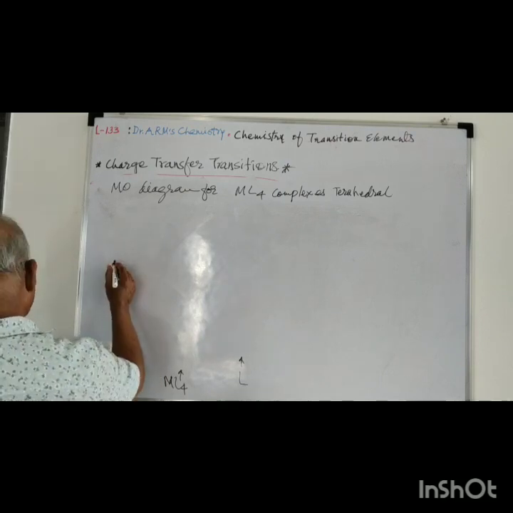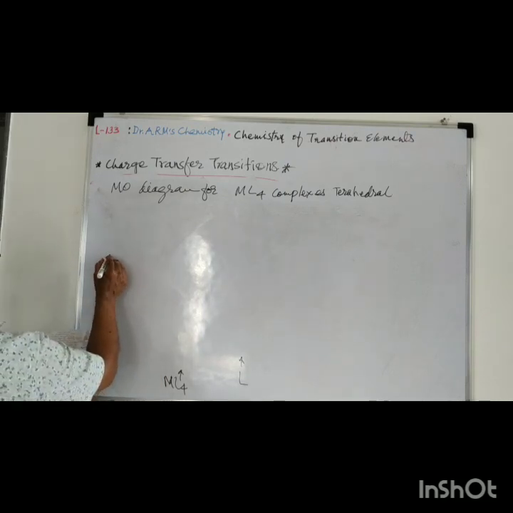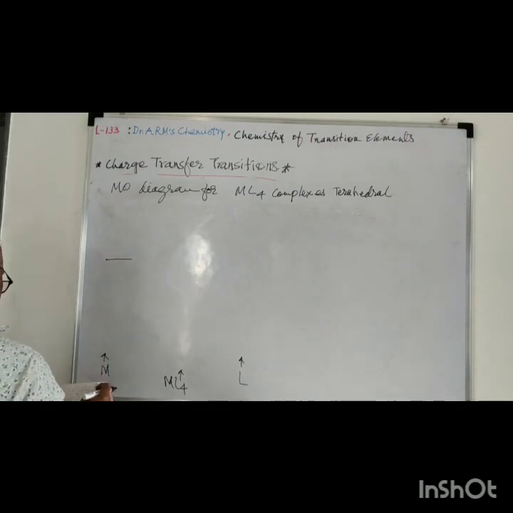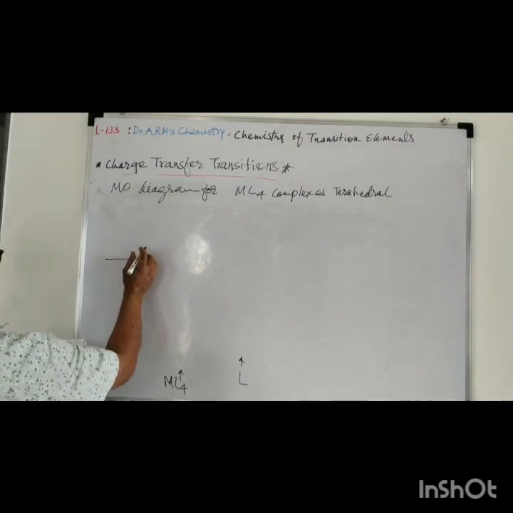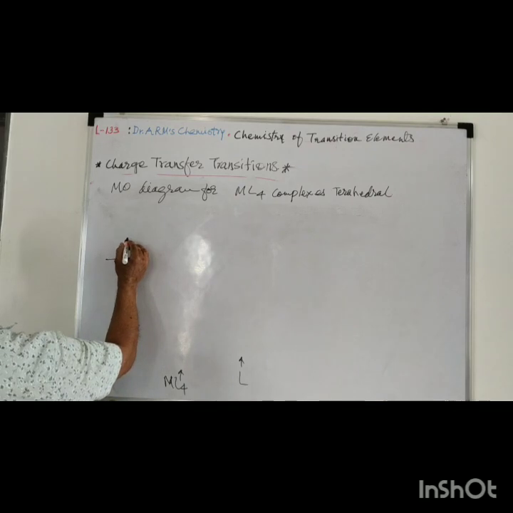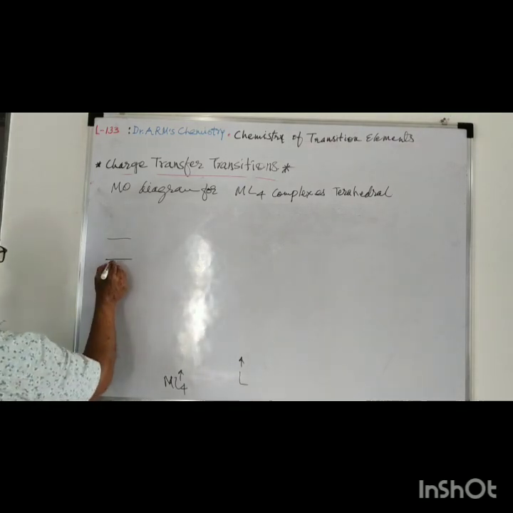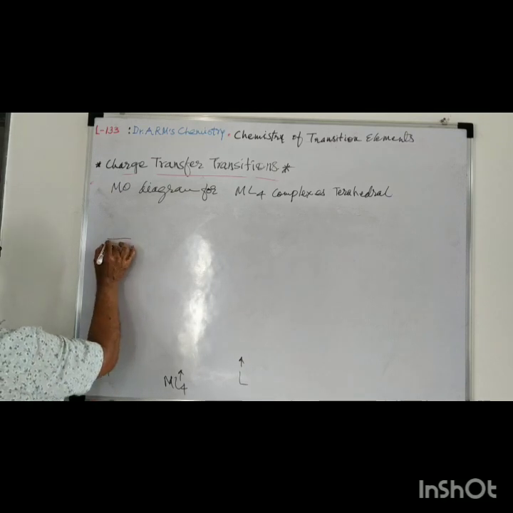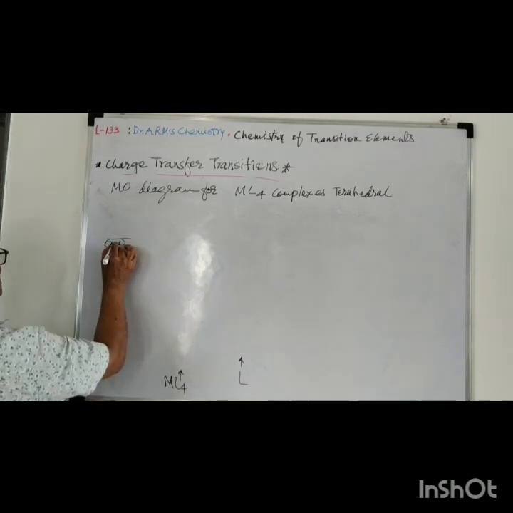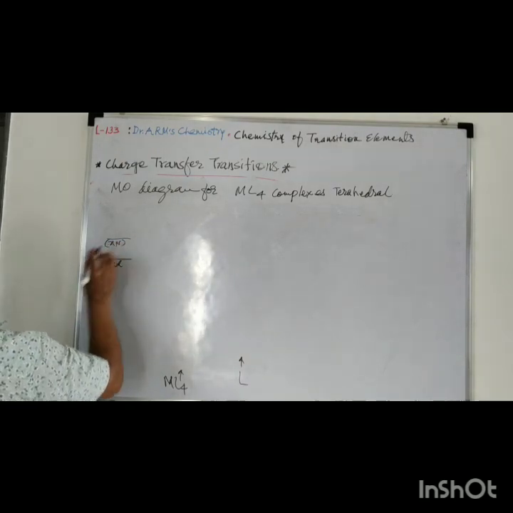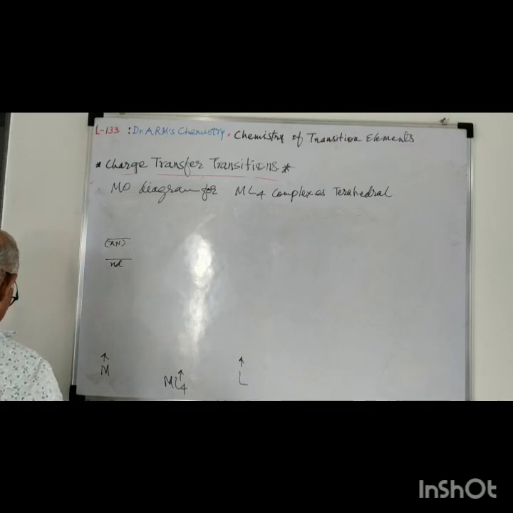We show the d orbitals in this way, and the n plus 1 d. So these are nd orbitals, and these are n plus 1 d and s orbitals.